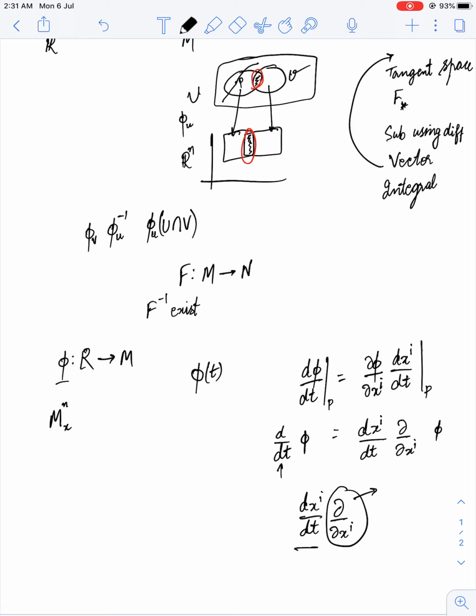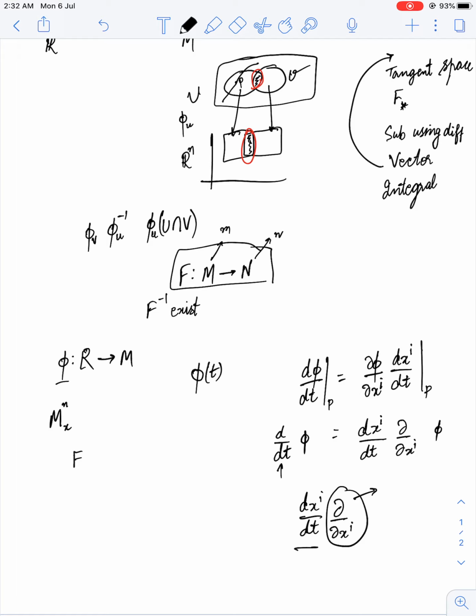And the idea of the differential is this: you have a function f from M to N, where N has n coordinates. Let's take them to be different.